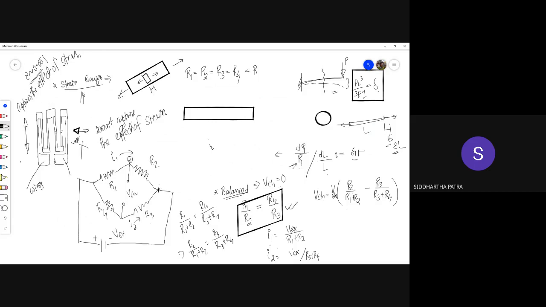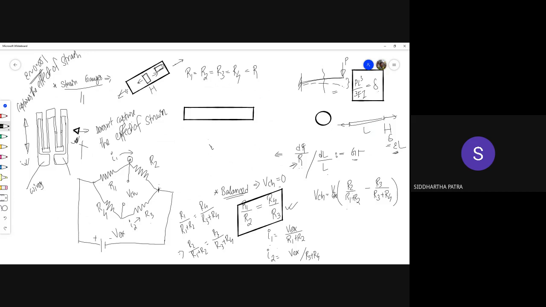Whereas if I were to attach the strain gauge with the vertical direction of this configuration facing the direction of the elongation or compression, then in that direction, if the strain gauge has to deflect or expand, it can only do so by the elongation of these narrow strips right here.